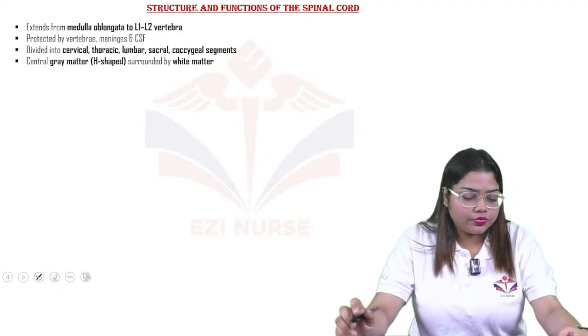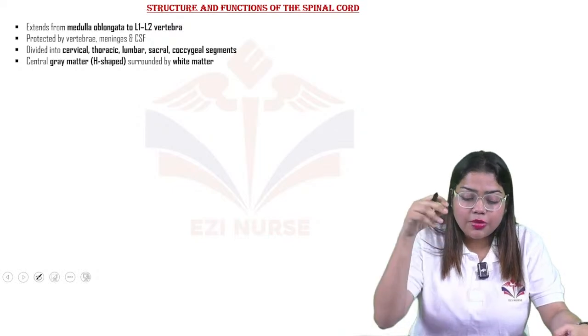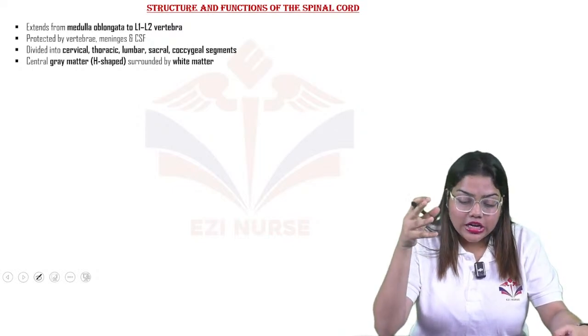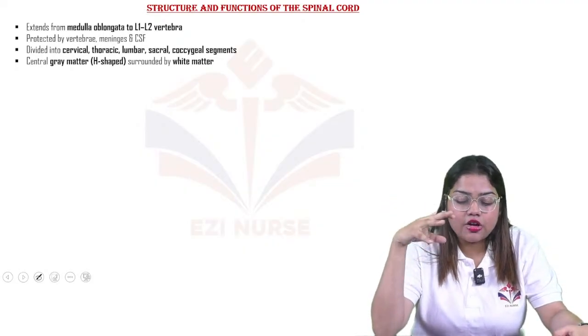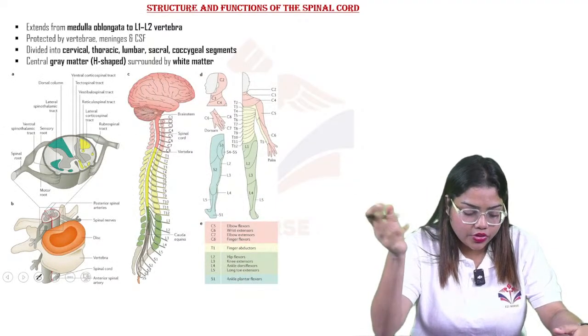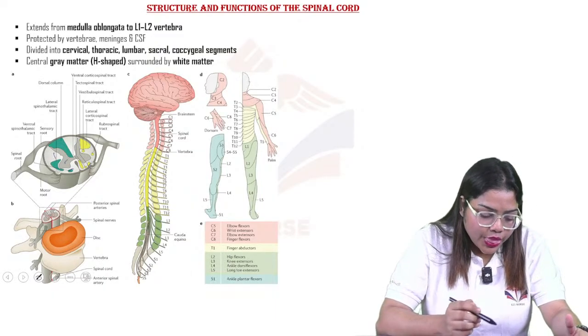Okay, so the central matter of the spinal cord is called gray matter, which is H-shaped, and it's surrounded by the white matter. Okay, so here you can see this is the gray matter and it's surrounded by the white matter.